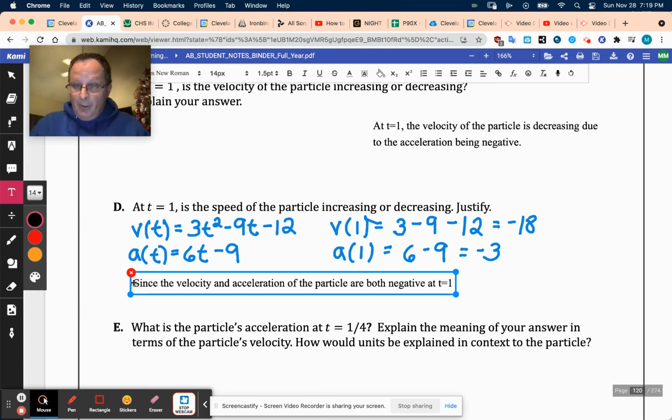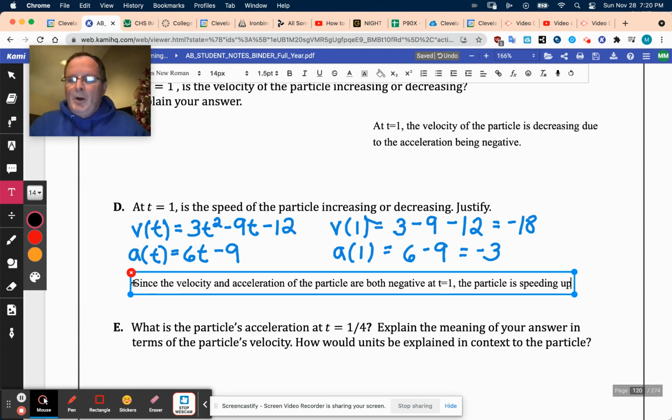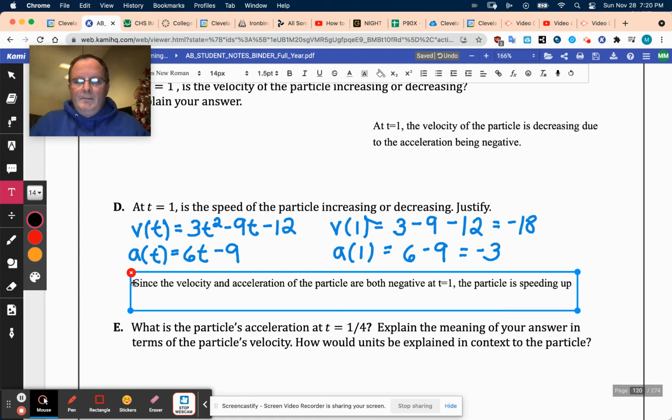Since those are both negative, both have the same sign, the particle is speeding up. Or the speed of the particle is increasing. Either way, same thing. Those are saying the exact same thing.